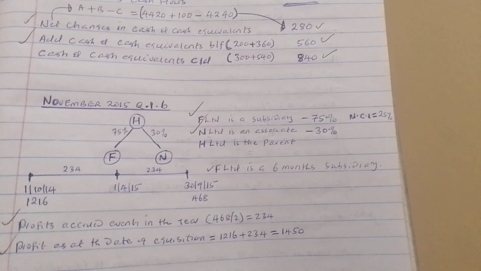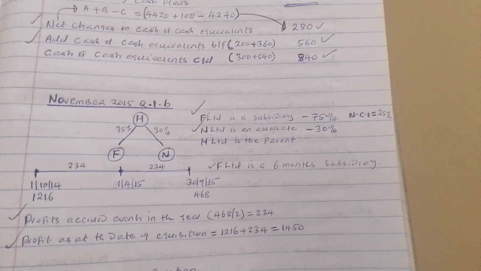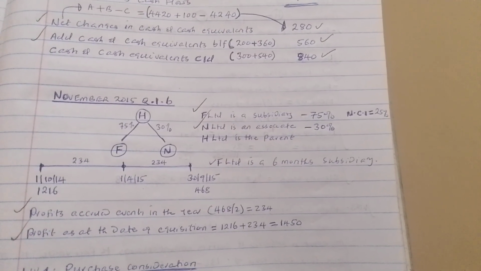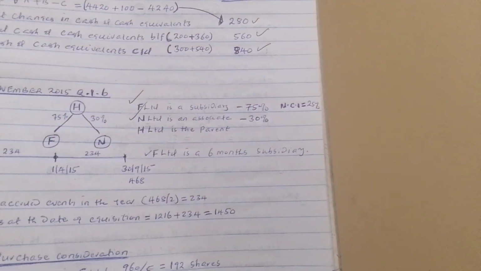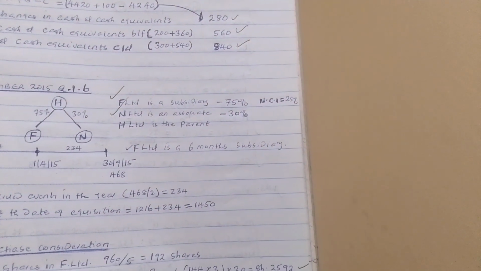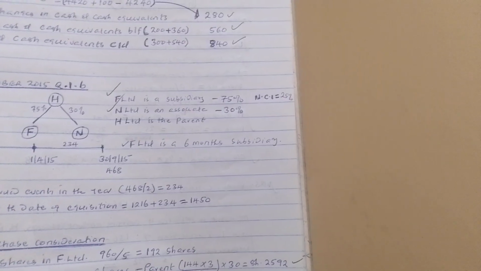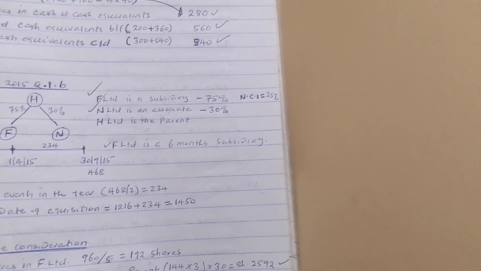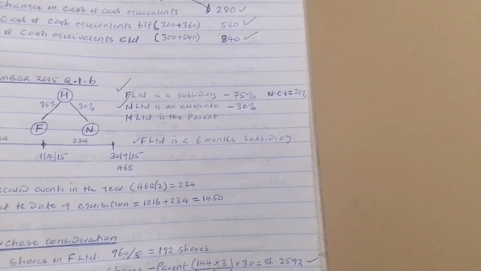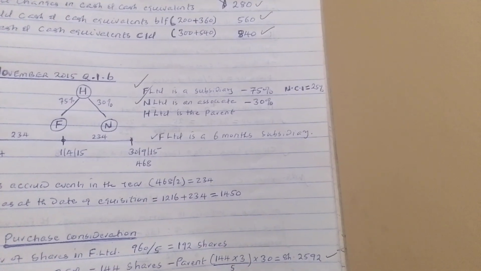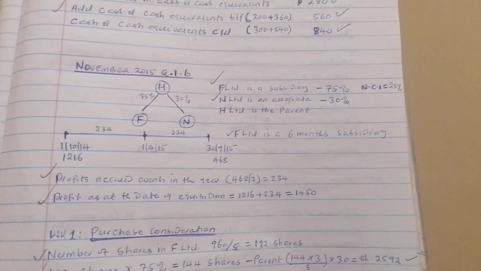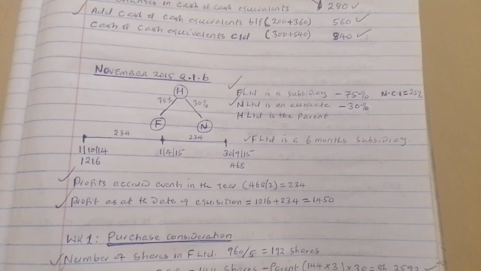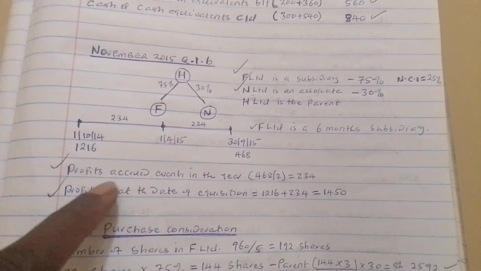You can see 75% of F is what we acquired, and H also acquired N. You can see that F Limited is a subsidiary, that's 75%, and NCI takes the remaining 25%. N Limited is an associate, and H is the parent. So you can see that the group structure is established there.